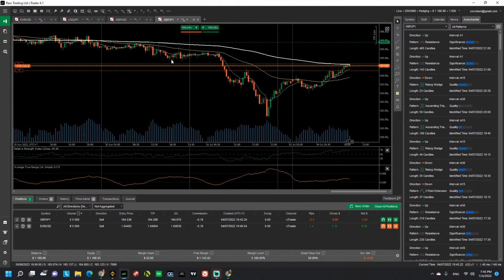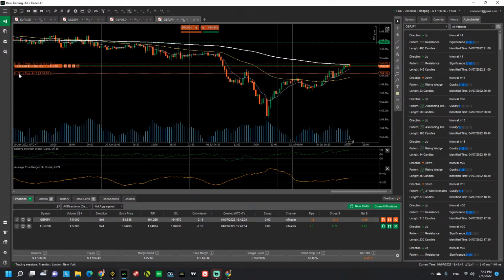Only because there's a resistance over here. It touched the 200 moving average. So there's a possibility it will go down. So let me adjust this.